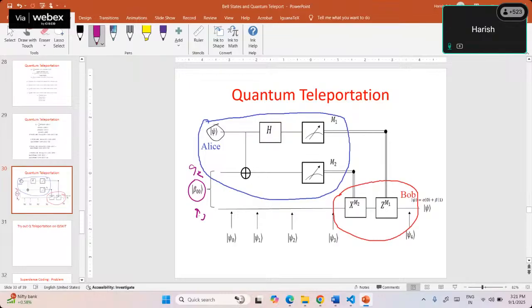So Alice has the first state Q1 as a photon and the second qubit Q2 as a photon. So she will have two photons with her, and this entire thing is at Alice's side.